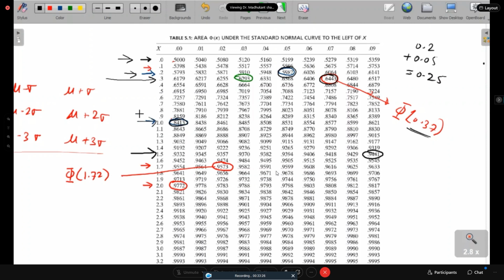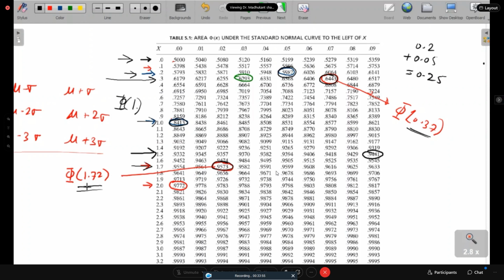So this value is for phi of 1.0, so phi of 1. Now if you look at this circle 0.9573, this is sitting in the row 1.7 plus this 0.02, so it's 1.72, so it's the phi value at 1.72.